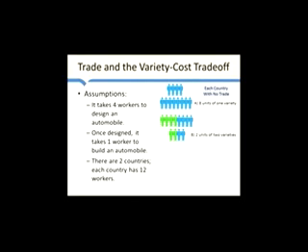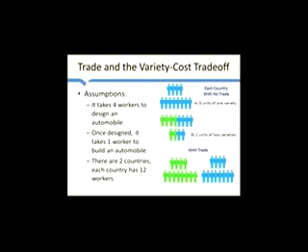Okay. Now, what can we do with trade? Well, with trade, suppose we do the following. We now look at both countries. Let's suppose each country specializes. Country 1 has the green specialization, and therefore workers produce one variety, of which they then produce 8 units of that variety.